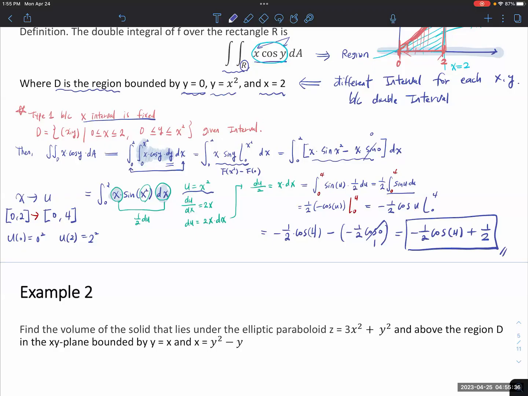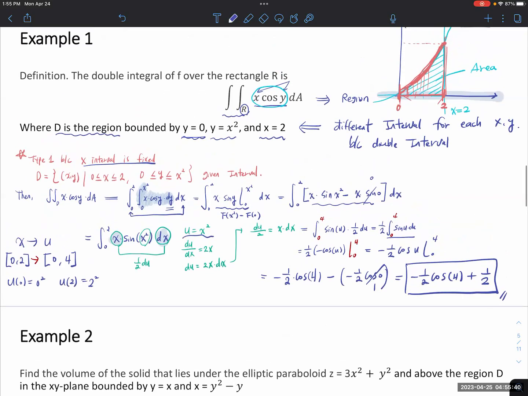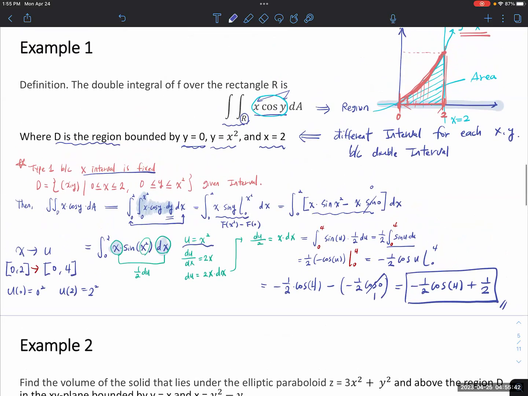You can change it to decimal, but I'm just going to keep this fraction. So that's how you take the double integral with the two different intervals that are given. Check which one is fixed. This time, the x interval is linear, so it's fixed, but the y is curvy, so it's not fixed. Therefore, I use a type 1 double integral.